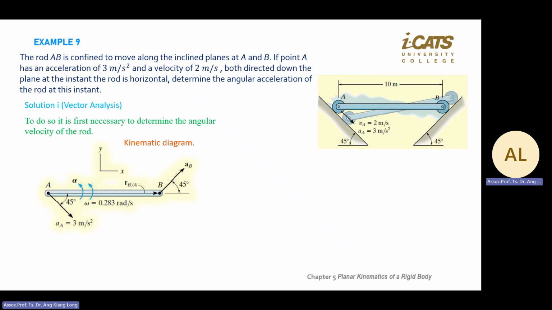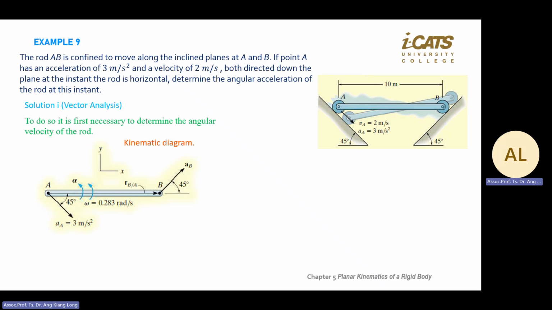If you have A, you have P, Q, you use P, you use the alphabet that comes first. If you're given C and D, you use C, and so on. The vector of R is always pointing from reference point A to B. So you write RB/A. So no issue for this diagram.